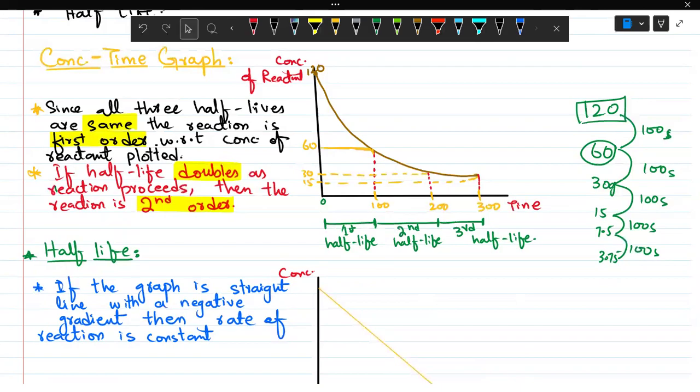Because this is like a gradual decrease. It's constantly changing. If it is constantly changing, so it is a constant rate of reaction? It's not constantly changing, see, beta. Yeah, makes sense. It is not constantly changing.